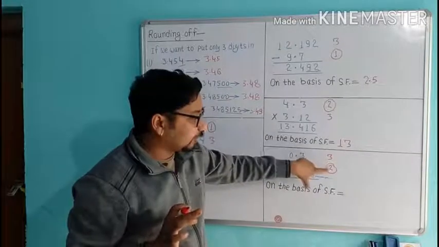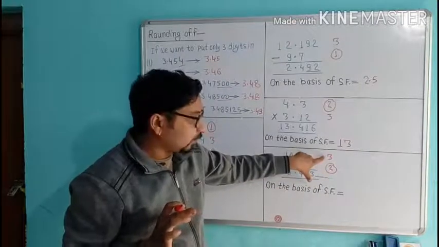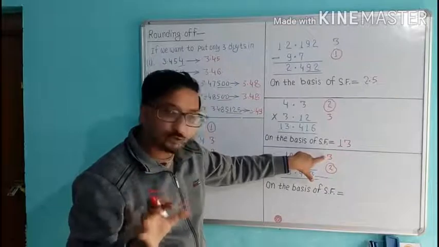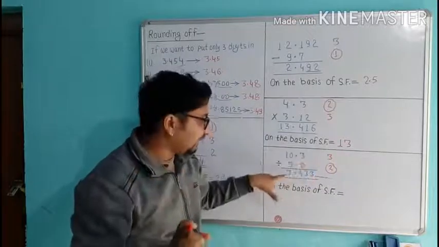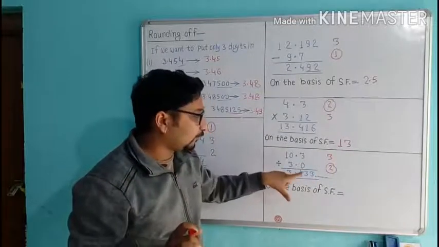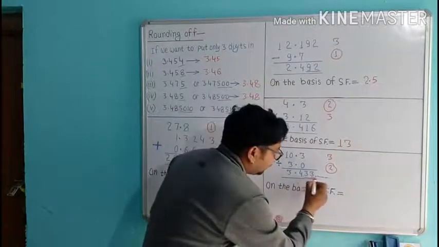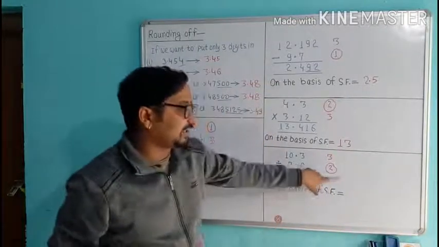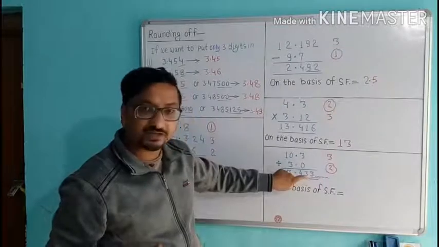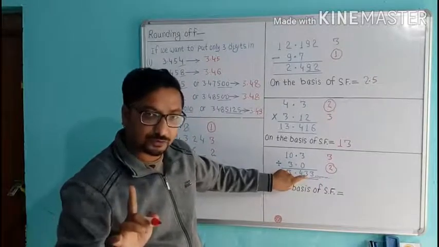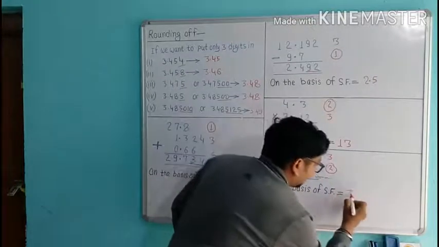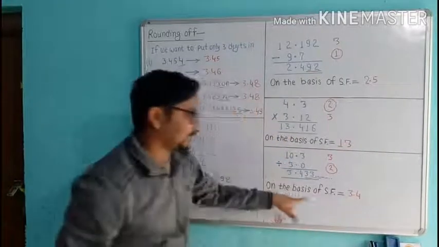In 2 and 3, 2 is less than 3. So on the basis of significant figures, we can use only 2 significant figures in the result, 3 and 4. That means we have to remove this number 3 and so on. Since this number 3 is less than 5, our answer will be only 3.4 on the basis of significant figures.